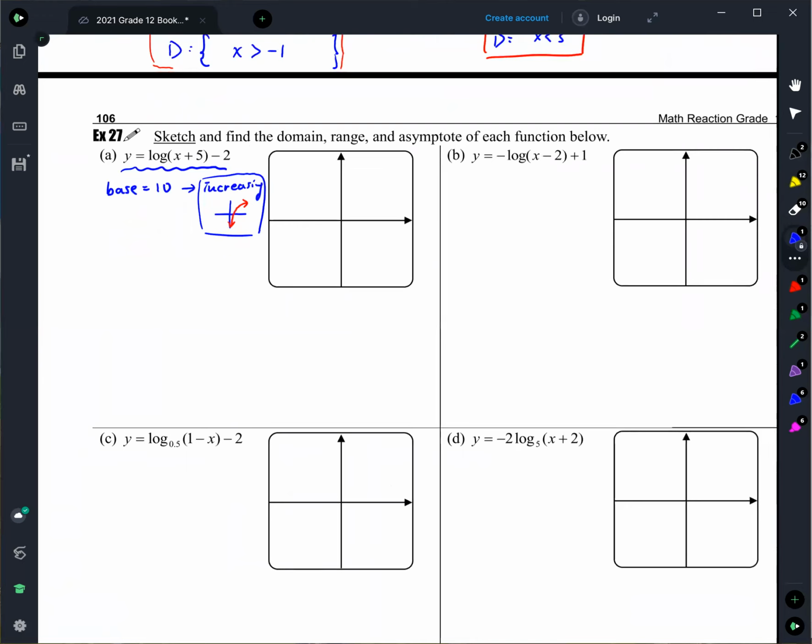So we compare with y equals log x. If we take away all the extra stuff, there's a +5 and a -2. The +5 is with the x, so it has to do with moving left and right. If it's x plus 5, is it moving to the right or to the left? Marcus?